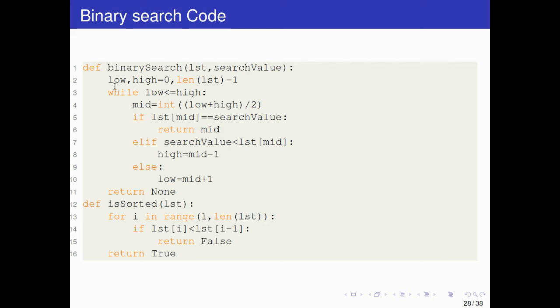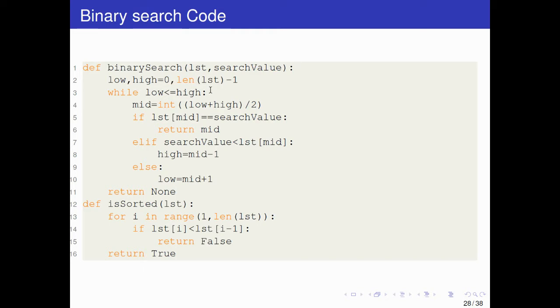Then here are the variables we are taking: low and high. Low initially is 0, as it is an index, and high is the length of the list minus 1. That is the index.